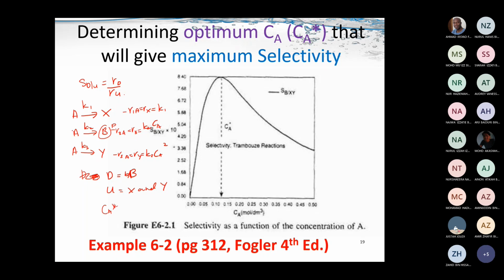Okay, so the first thing you need to do is you have to know how to get the CB. Ataupun dalam istilah sekarang ni, sebelum ni you akan guna SDU is equal to RD over RU.